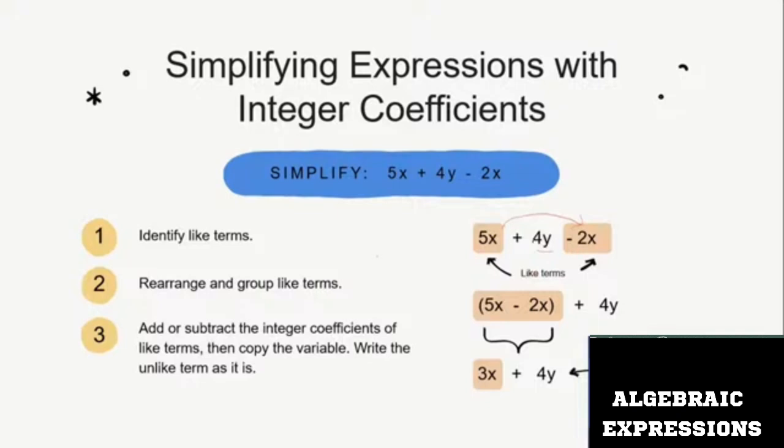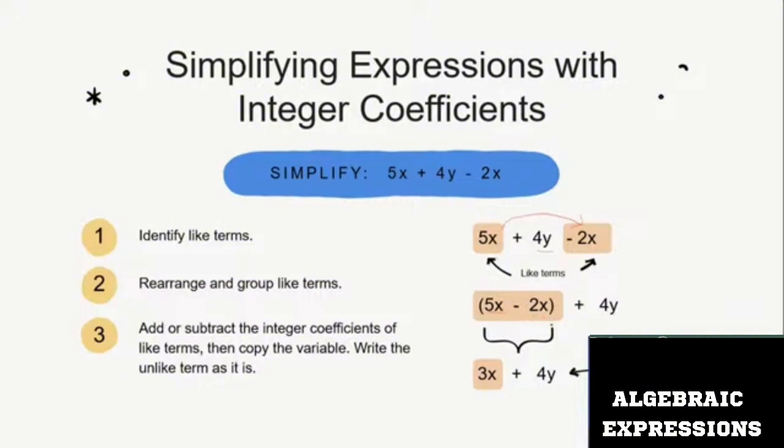So what we do, we bring these ones together, 5x minus 2x. Then we just add this one. Take note that we also maintained the sign of this other like term. It is very important to watch out for the signs because they may change the answer if you do not look at them properly.